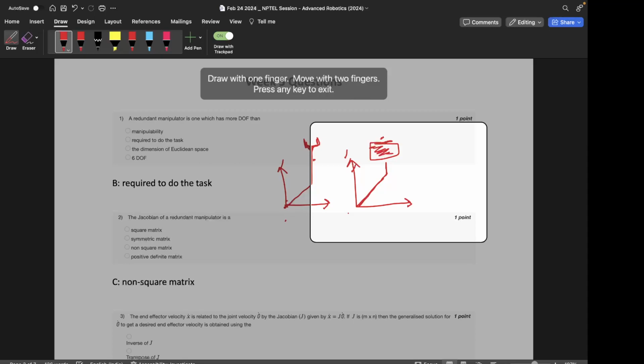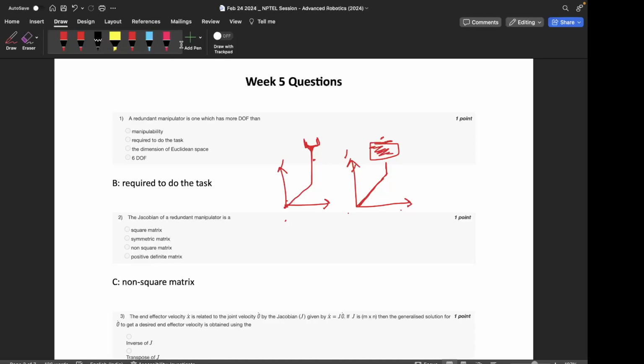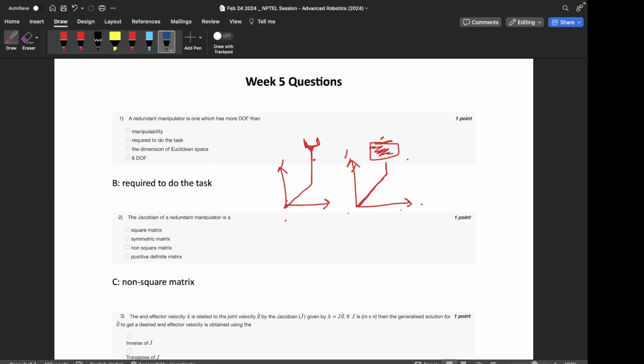This point becomes unreachable, right? But if there is a third link, and if the link lengths are appropriate, then you can use that third link in order to avoid those obstacles, right? I hope my point is clear. So this is one benefit of having redundant links.